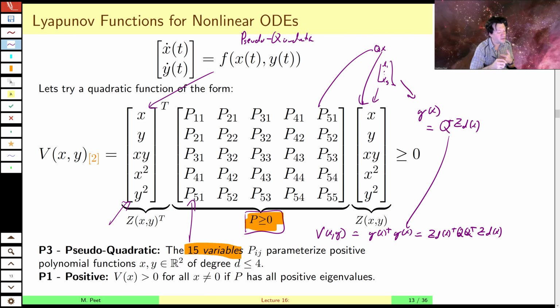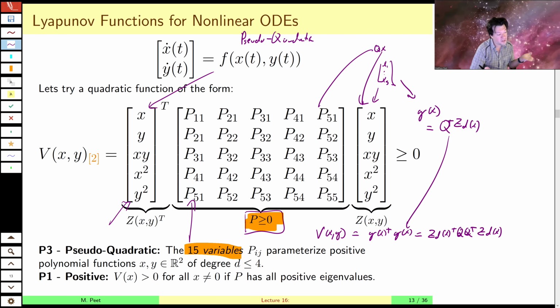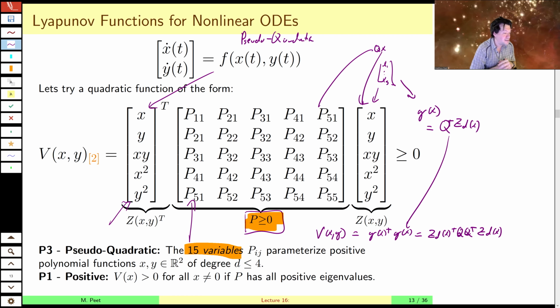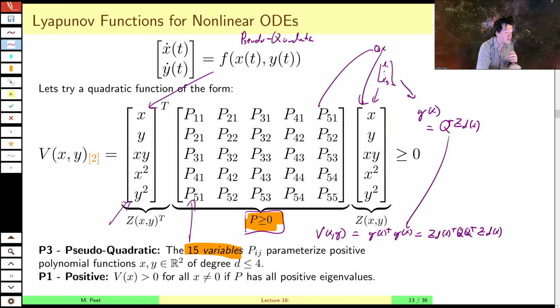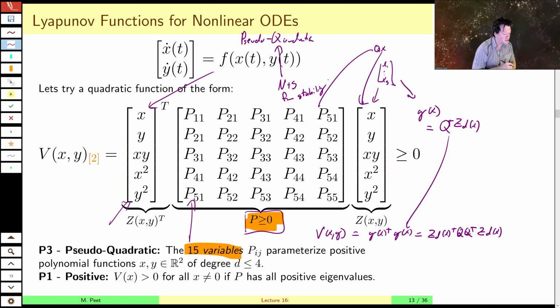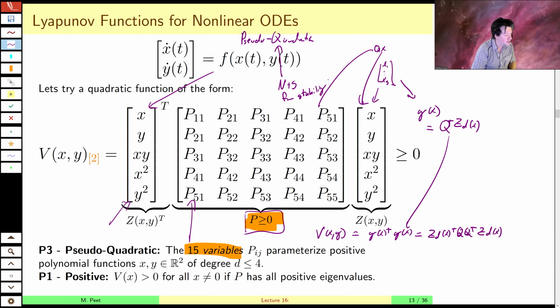So, are pseudo-quadratic Lyapunov functions necessary and sufficient for stability? Well, it turns out, referencing some old papers of mine, you can prove that pseudo-quadratic Lyapunov functions are necessary and sufficient for stability of certain classes of polynomial systems. So this motivates our pseudo-quadratic representation, or our positivity condition here. That's one motivation for it.